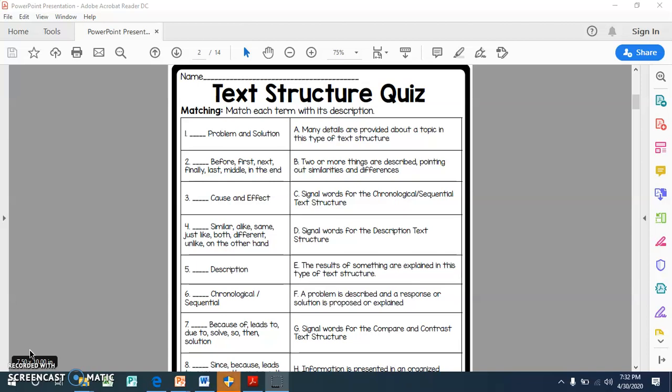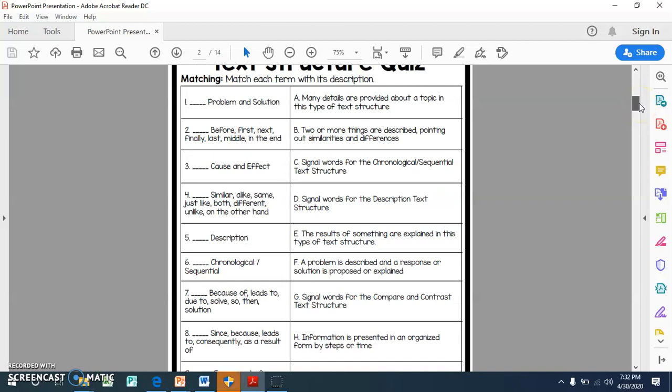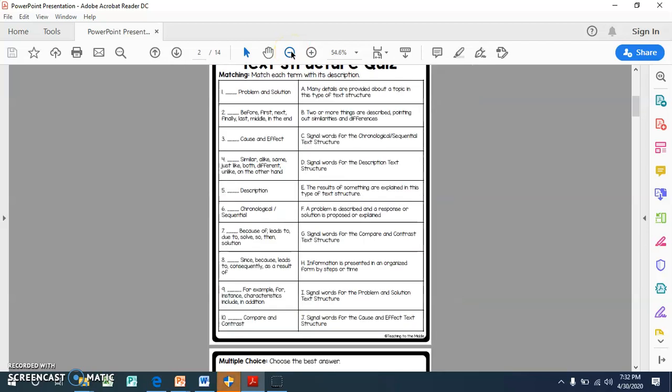I want you to match each term with its description. So I want you to, for number 1, write which letter matches it. So for problem and solution, I want you to take a look at the different options in the second column, and I will make this a little smaller so that you can see them more easily.